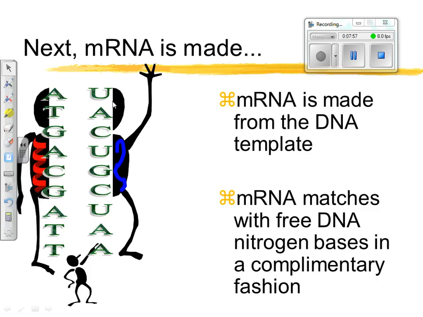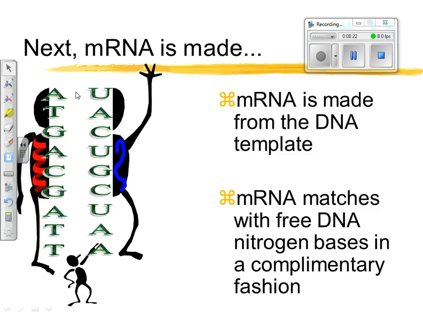So uracil RNA comes in and base pairs with this. Adenine base pairs with thymine on the DNA. C to G, U to A, G to C, C to G. All the way through just that section of the long strand of DNA for that gene, for that particular protein.